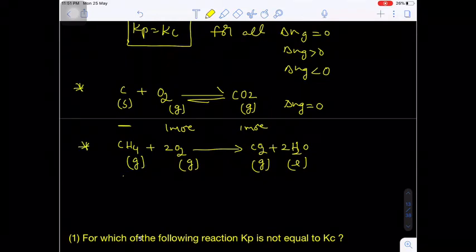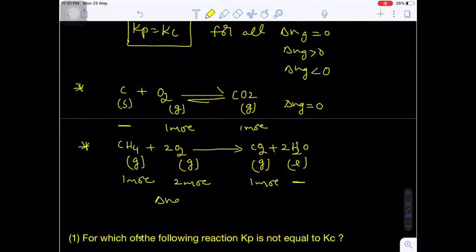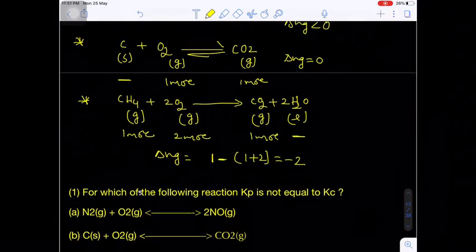Now this is how many moles? 1 mole. This is how many moles? 2 moles. This is how many moles? Only 1 mole. This is no moles, because number of moles is not considered for liquids and solids. Now what is the delta Ng here? Total number of moles of gaseous products minus total number of moles of gaseous reactants, that is equal to minus 2. Are you getting my point?